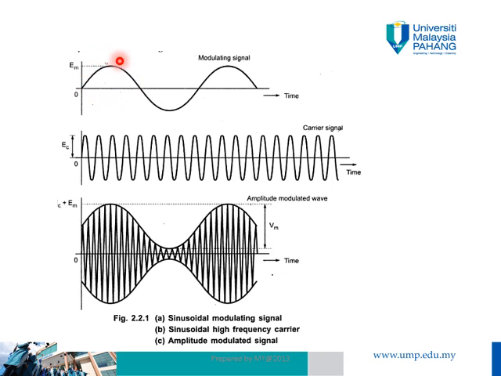Let's say this signal is the modulating signal with maximum amplitude EM and frequency FM, and this carrier signal has maximum amplitude EC and frequency FC. Combining these, we get the amplitude modulated signal.